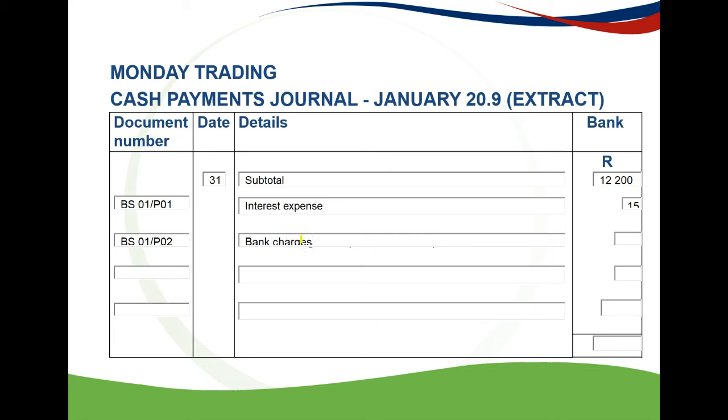And that will be the 35 plus the 52 plus the 18. I mean, you can just show your calculation, how you have done it. My 35 plus my 52 plus my 18 rand. And that will give us the 105.